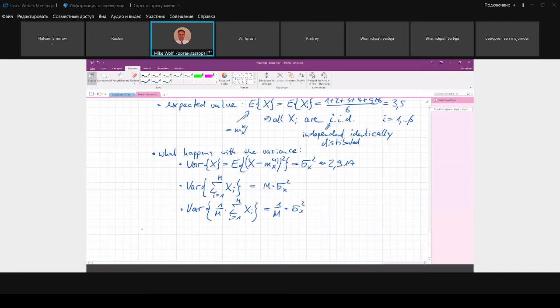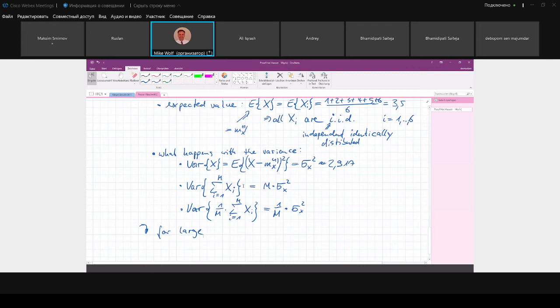And this is the so-called law of large numbers. Now we see, if we sum up these values of this random variable, the expected value is the sum of all expected values.